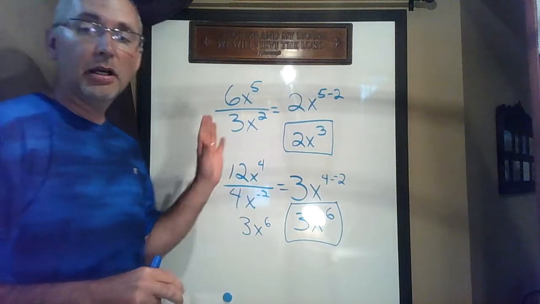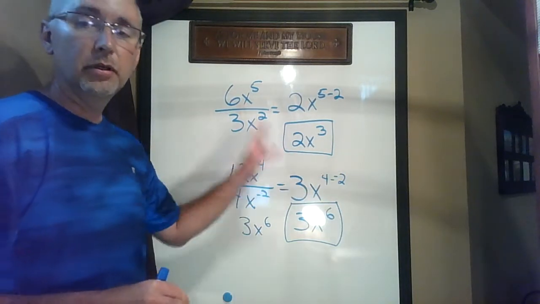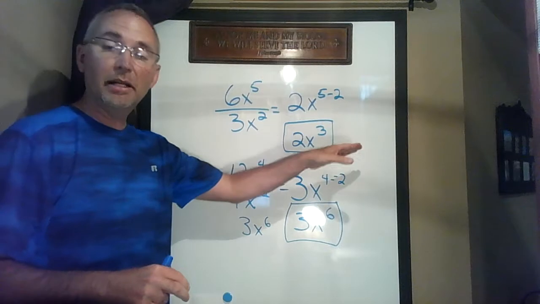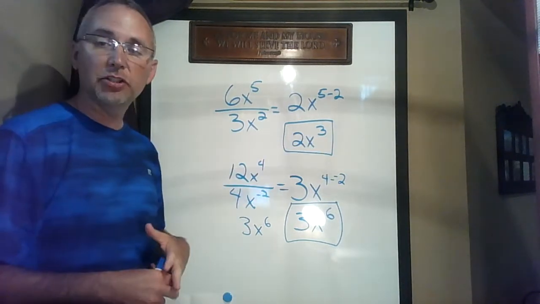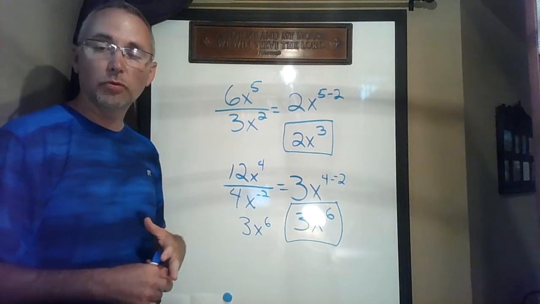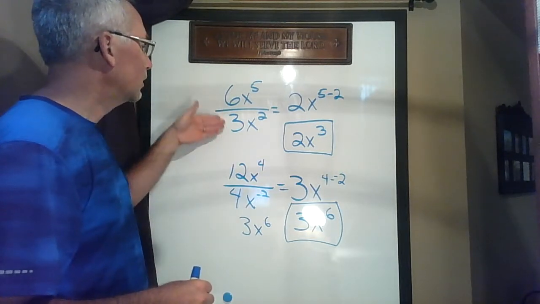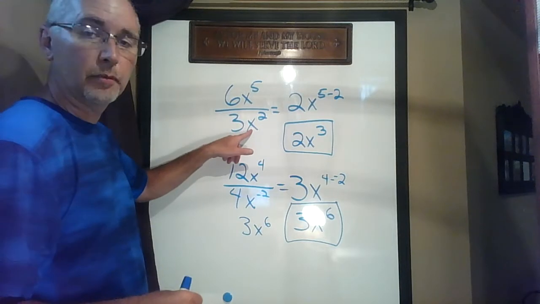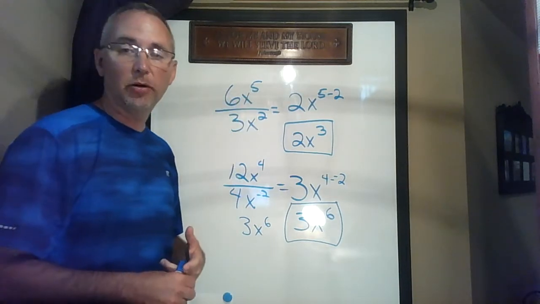Anytime I have common variables or common base numbers, the powers just get added when I'm multiplying them. And then we talked about the division or the quotient rule. Anytime I have numbers with common bases, I am just going to subtract the exponents.